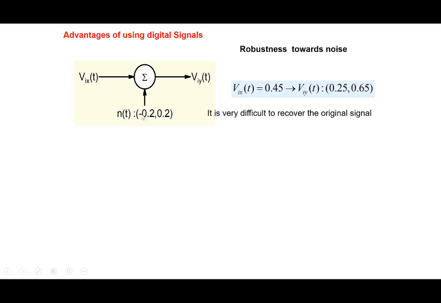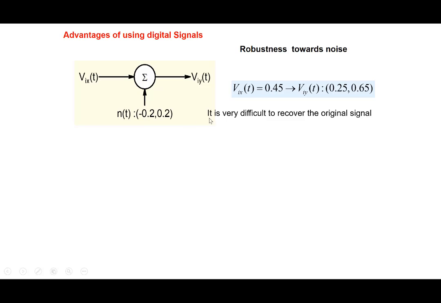Now, of course, noise is random. The property of a noise is different from the property of the signal, and we could take advantage of that. We have seen briefly in an earlier lecture that we could use some kind of filtering to reduce the effects of the noise, but we cannot eliminate it.